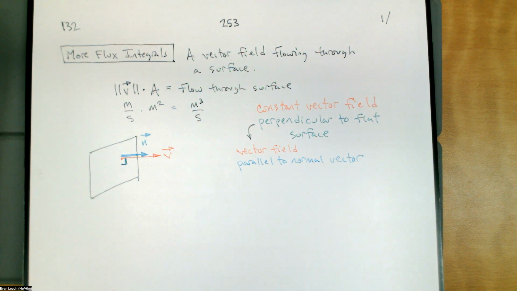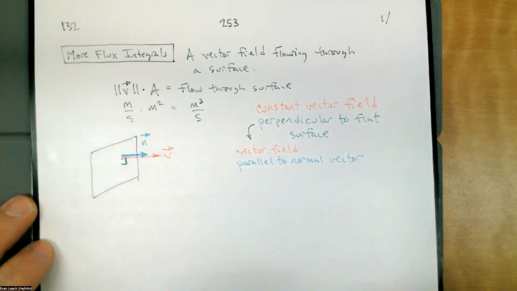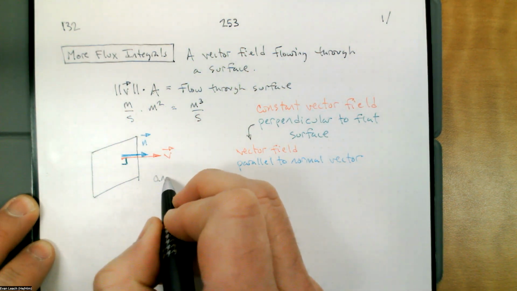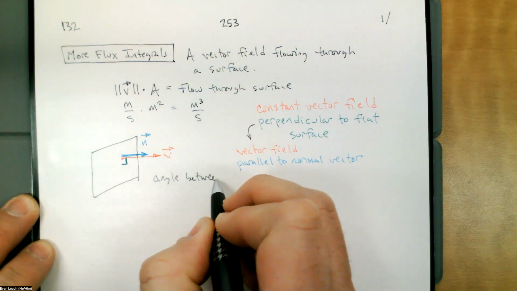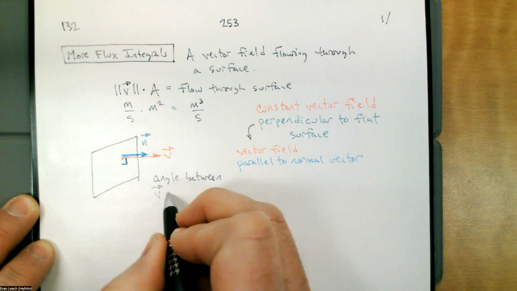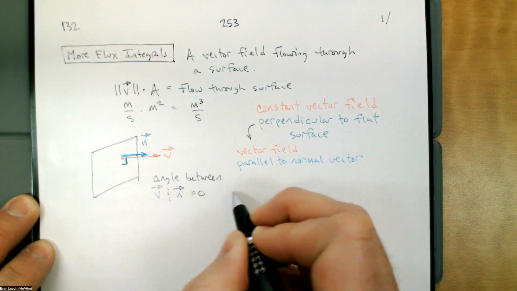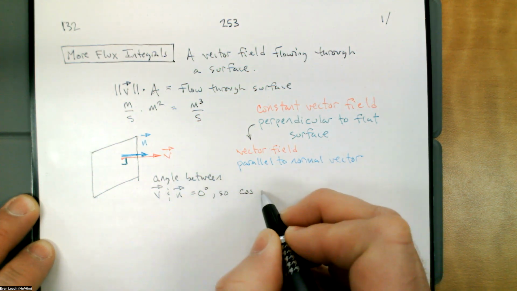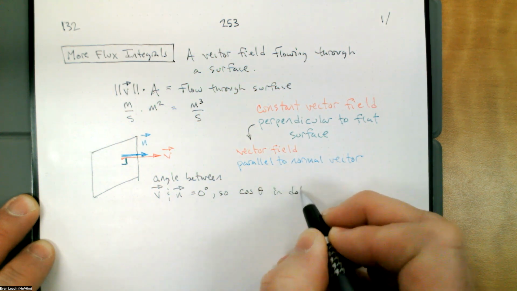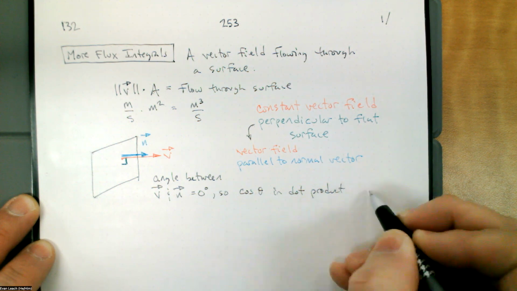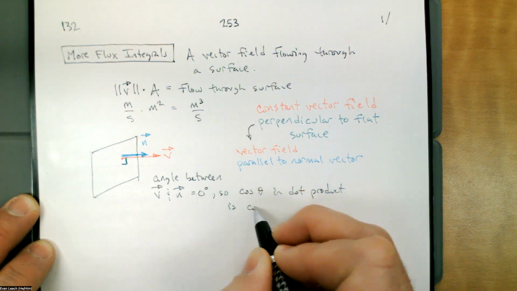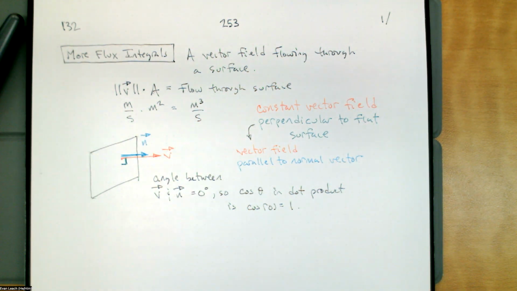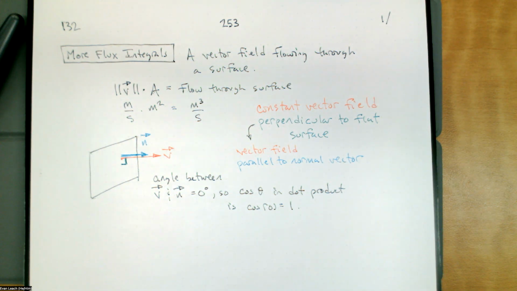So the dot product will just be the product of the magnitudes. So that means the dot product is just the product of the magnitudes.